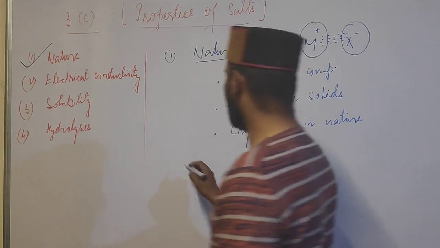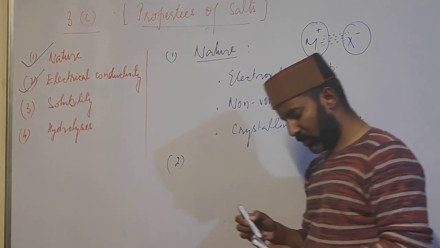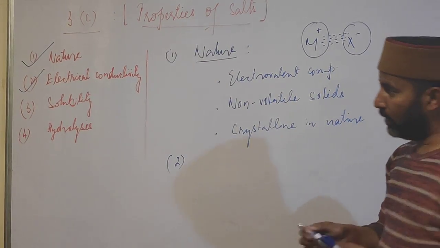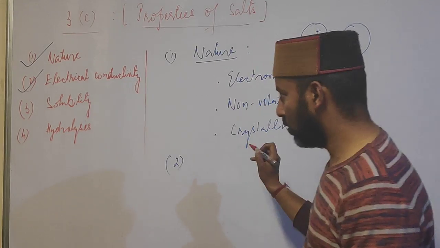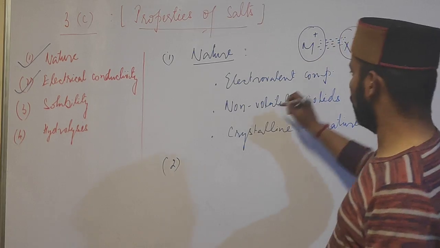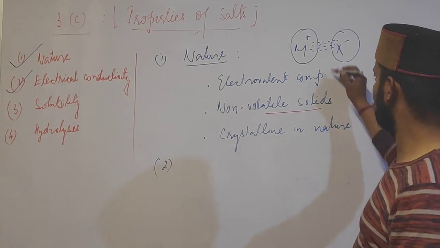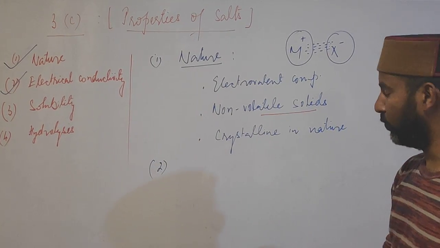Now students, second property of salt is their electrical conductivity. Students, we have learnt this also, that salts are non-volatile solids, and this is because of presence of strong electrostatic forces.